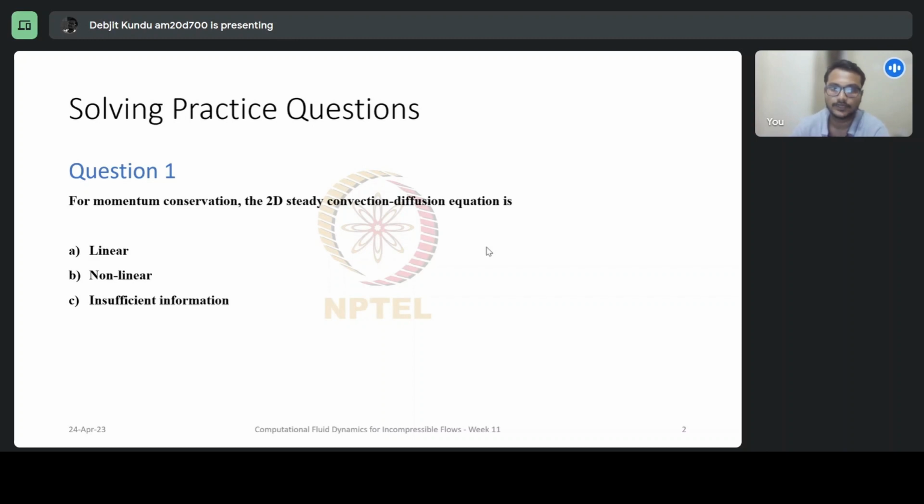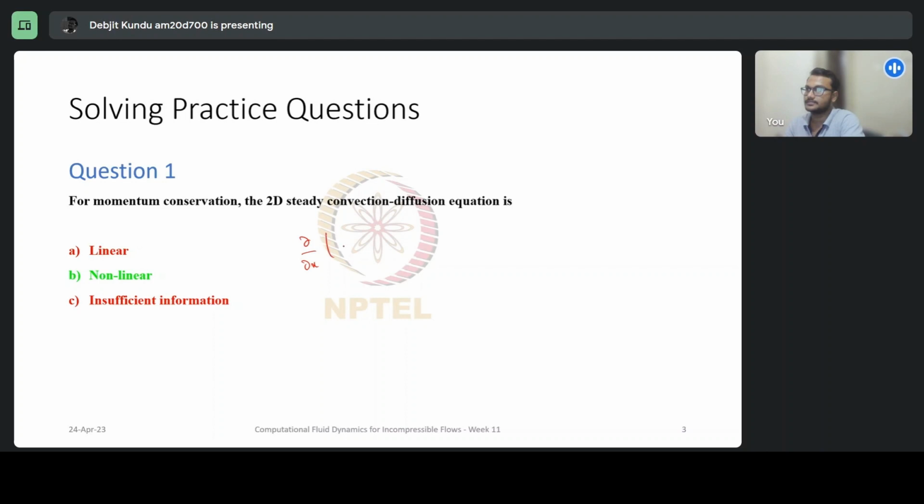So we'll quickly have a look at the solution. The solution is option B, non-linear. That's because the 2D steady state convection diffusion equation, which conserves momentum, becomes something like this.